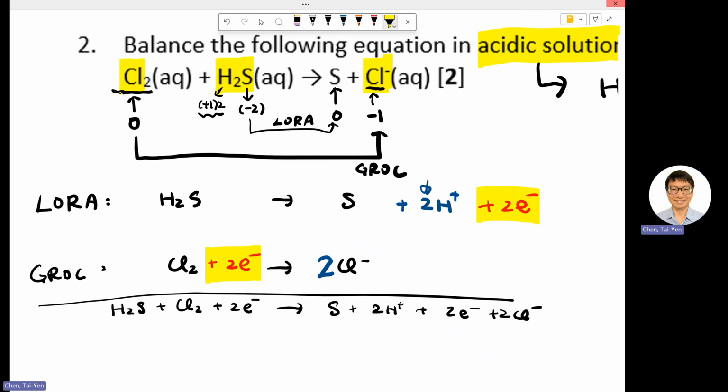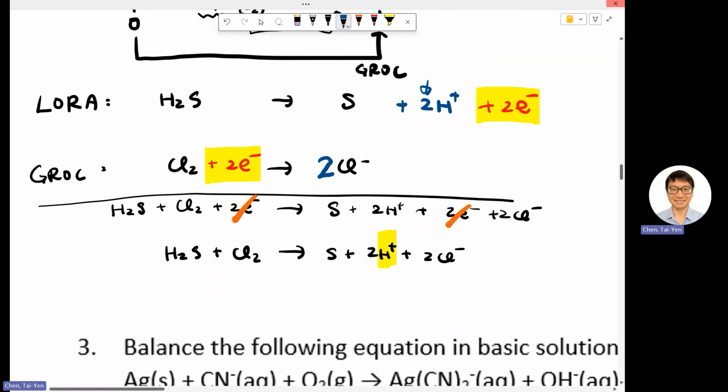Okay, and then 2 electrons will cancel out. So in the end, what you have is H2S plus Cl2 that give you S plus 2H plus 2 Cl minus. And the specific question is asking you for the coefficient in front of your H plus. Therefore, we know the answer will simply equal 2.